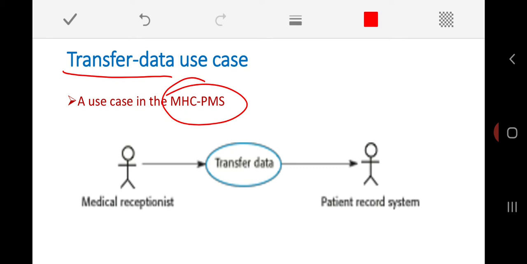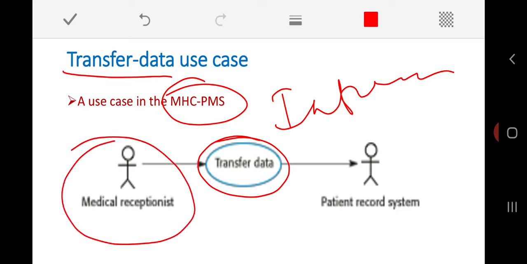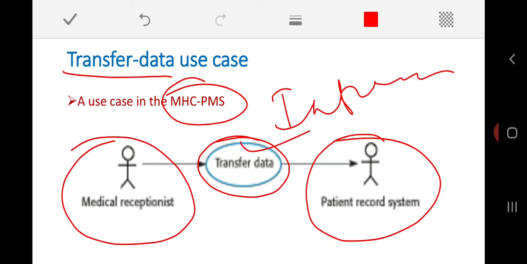In that software, how will the data transfer take place? Here, transfer data itself is an interaction, and this interaction takes place between the actors. Who are the actors here? The medical receptionist is one actor at one end. At the other end, the patient record system itself is an actor. These are the two different actors involved in this particular interaction.